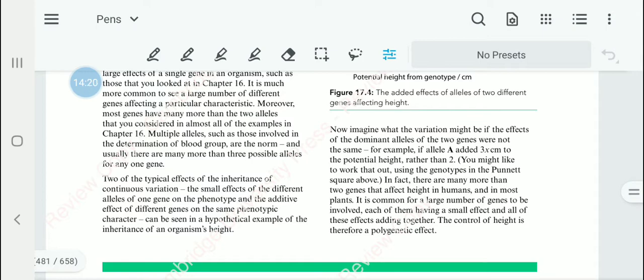So because of all of these combinations adding together, we say that the height of a certain species is a polygenic effect.